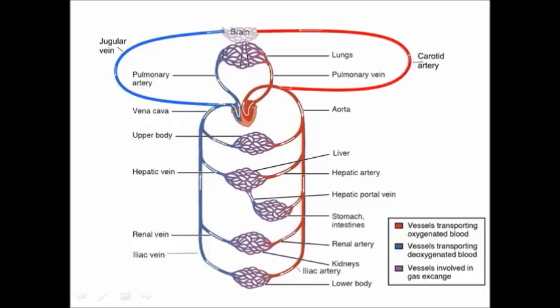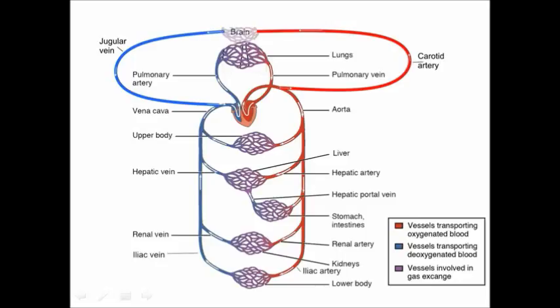So from now on, when you're looking at the functions of arteries and veins, concentrate on the direction of flow. If you always remember that arteries carry blood away from the heart and veins carry blood towards the heart, you'll be certain to get things the right way round.